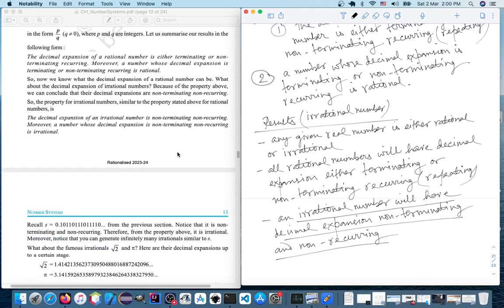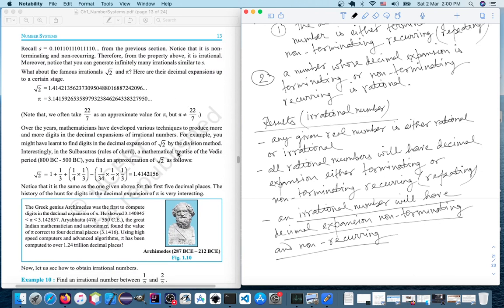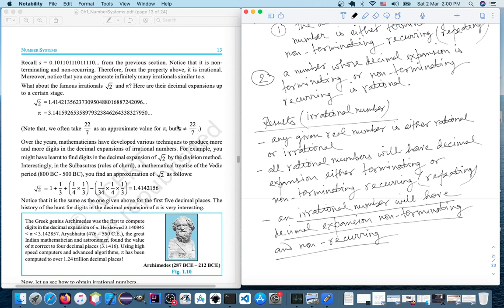Now let's see what's there in the textbook. It says recall. Any irrational number will have a decimal expansion where it will never end. There will be an infinite number of digits after the decimal point, and there will be no repeating pattern.